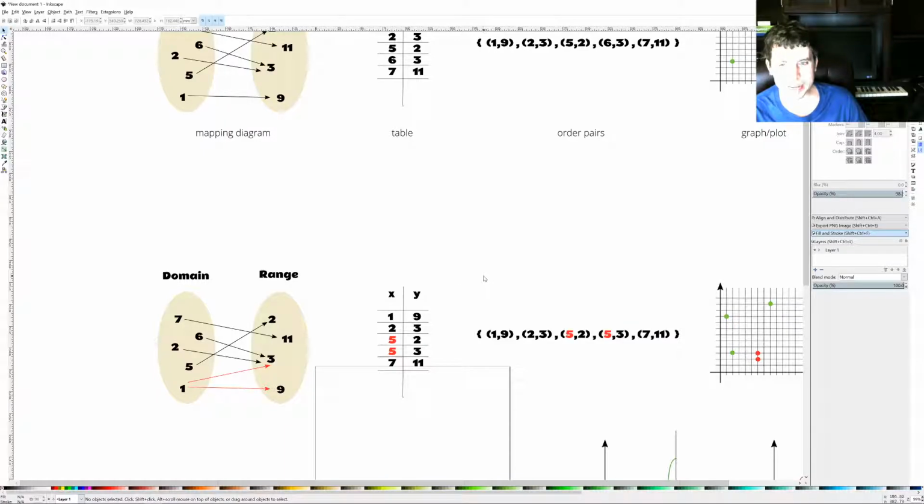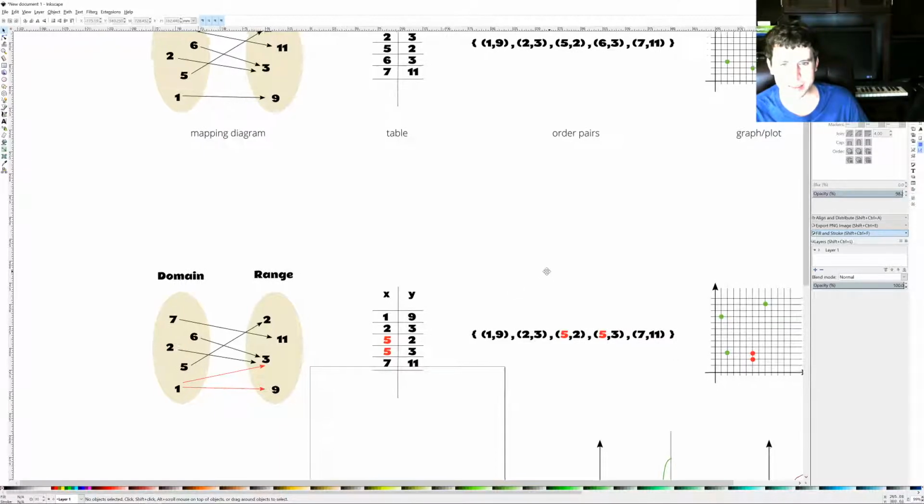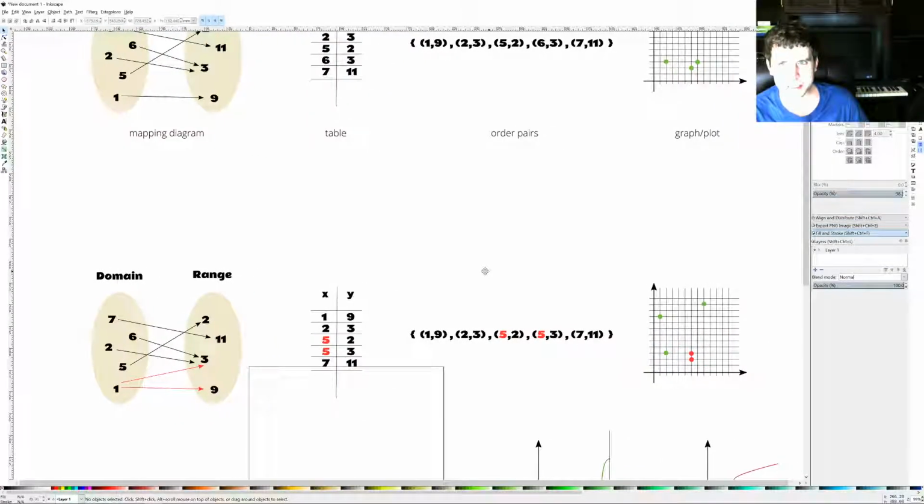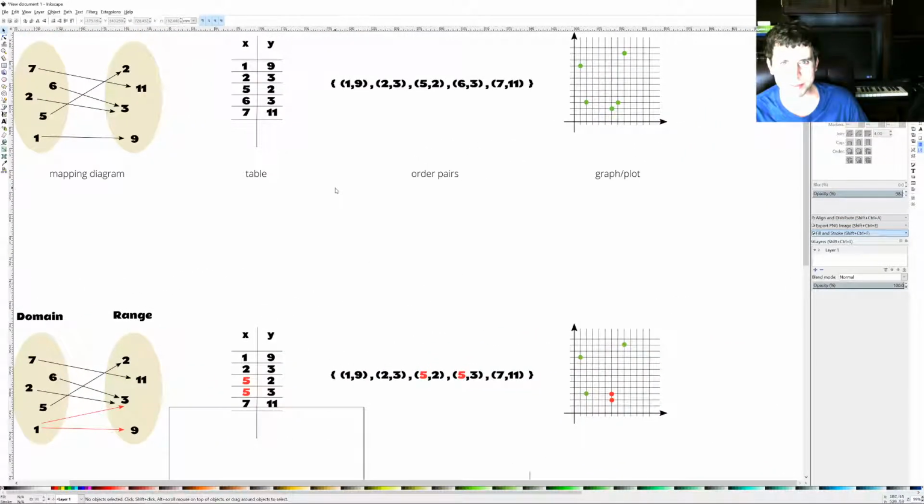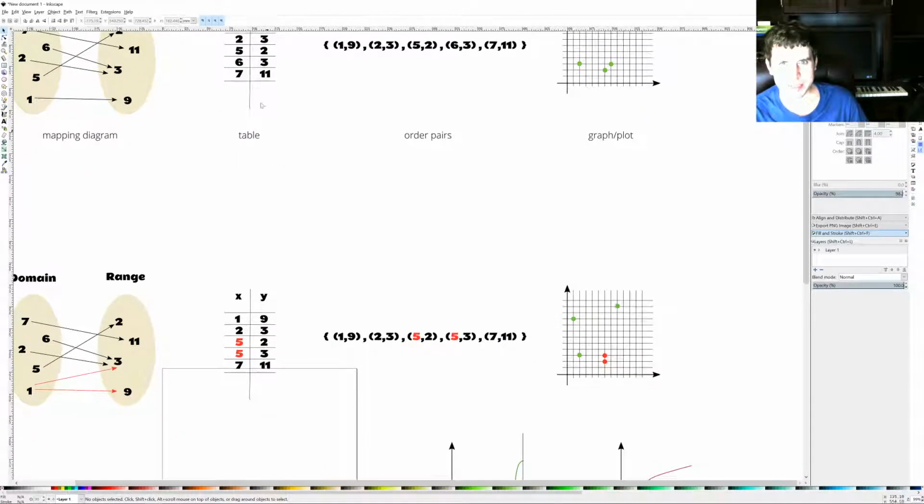I made the same type of error in the other examples. So instead of having 5 mapped to 2 and 6 mapped to 3, I made the 6 a 5. So now 5 maps to 2 and 5 maps to 3.